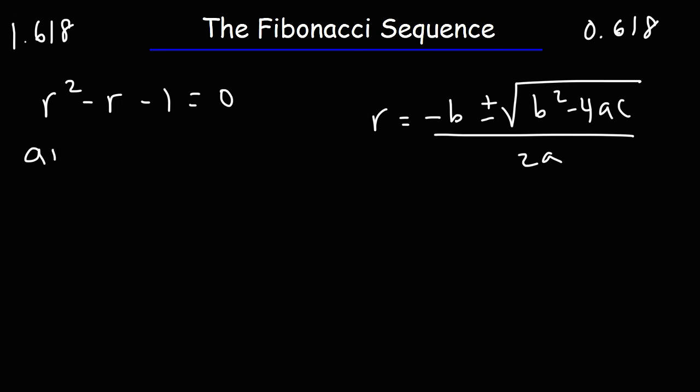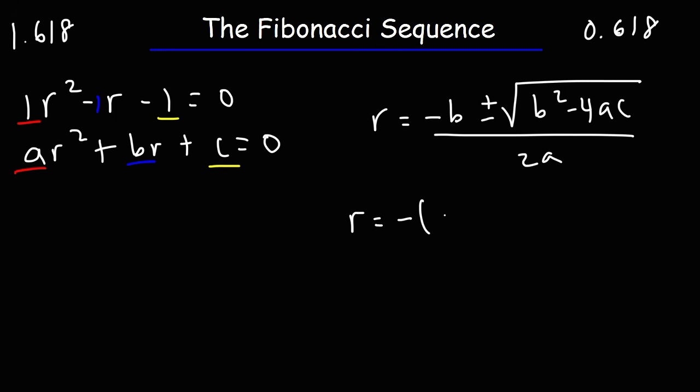And this is in the form ar squared plus br plus c. So we can see that a is 1, b is negative 1, and c is also negative 1.